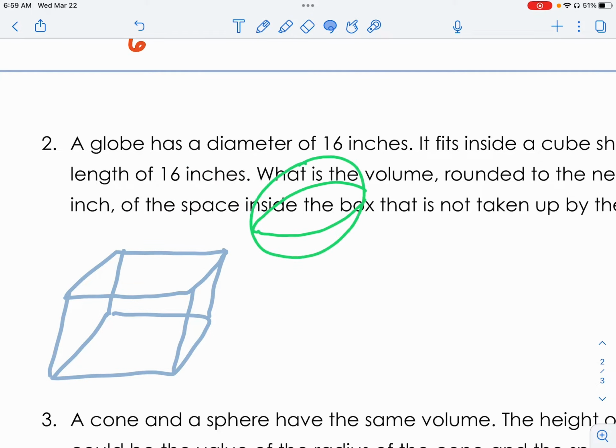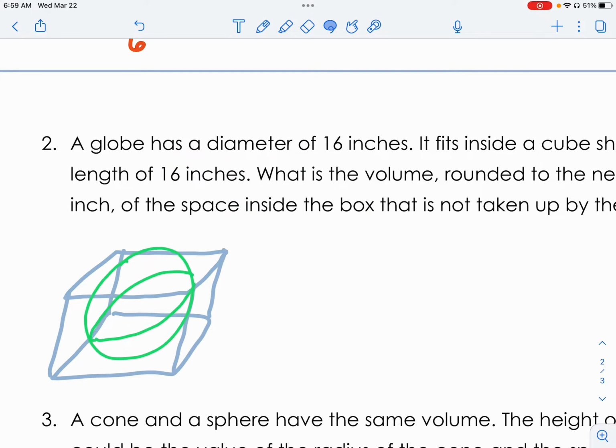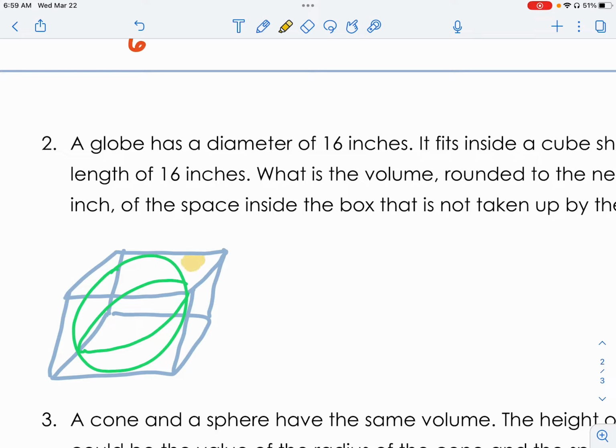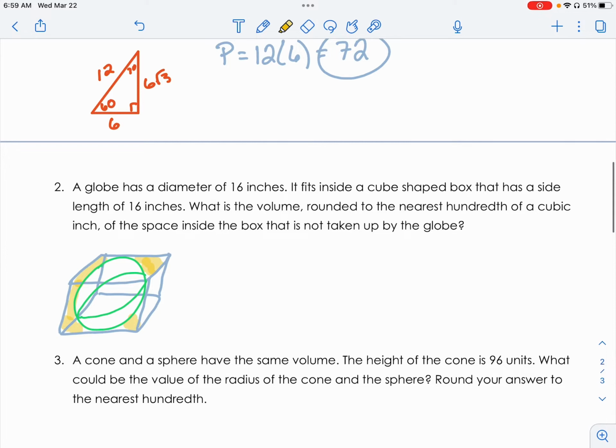So pretend this is opening, we put it right inside of the cube, it sits inside of there, and we want to find all of the open area where there's corners open or sides open, anything like that. So the area or the volume of the space that is not taken up by the globe.